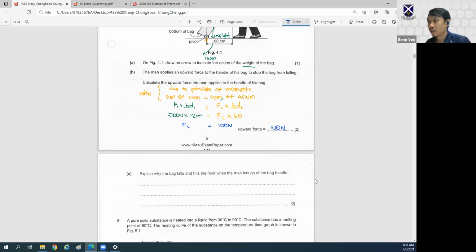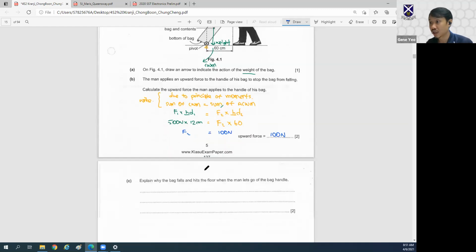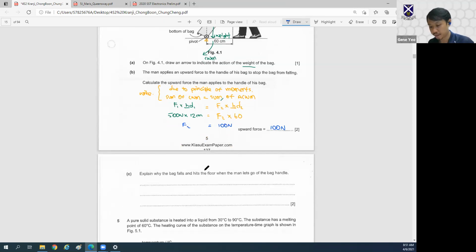Now, when the man lets go of the handle, the bag will fall down. I think by common sense, we know that is going to happen, right? We know that's going to happen, but why?